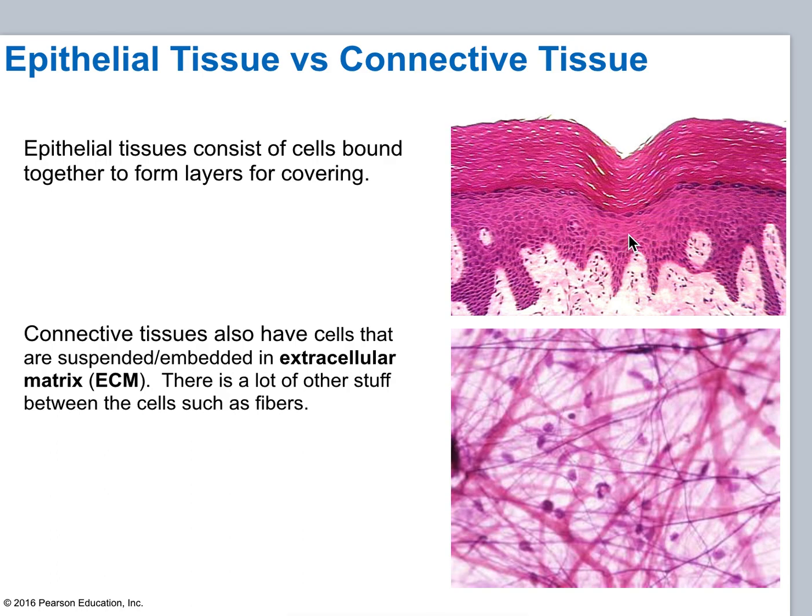They make a barrier or a border because they're so tightly packed together, as opposed to the connective tissue here, which shows cells that are not closely connected together. There are spaces in between the cells. There are fibers in between the cells that you can see, but the cells are not tightly packed together like they are in epithelial tissue.